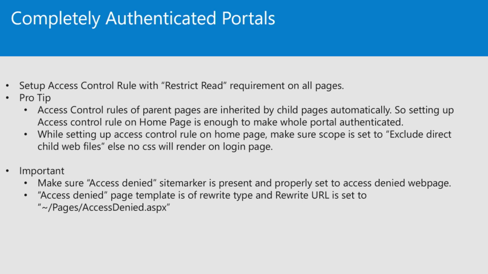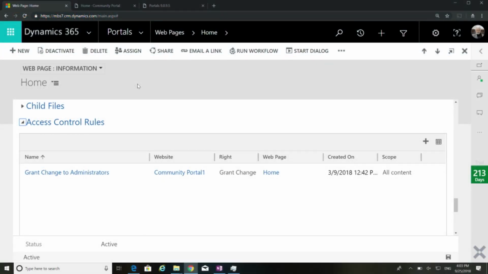Set that access control rule on every web page, or there's a pro tip there. You can just set it on parent pages. Just set it on home, everything else is a child, so everything becomes authenticated by default. So let's quickly jump to the environment and see how that's going to really work.